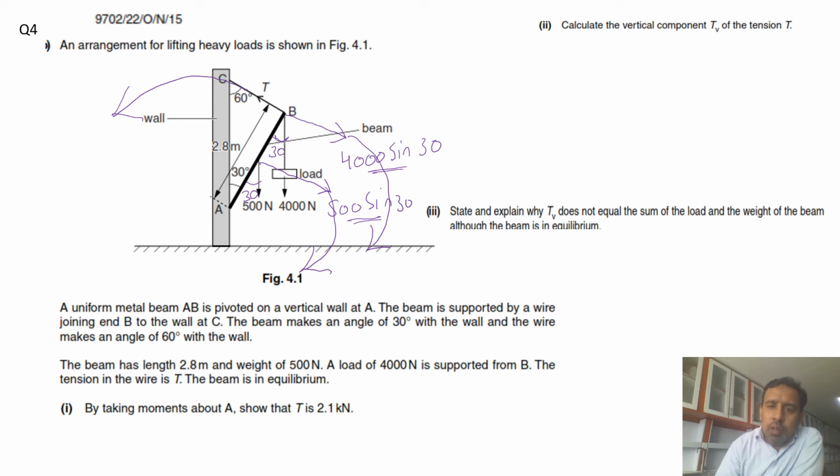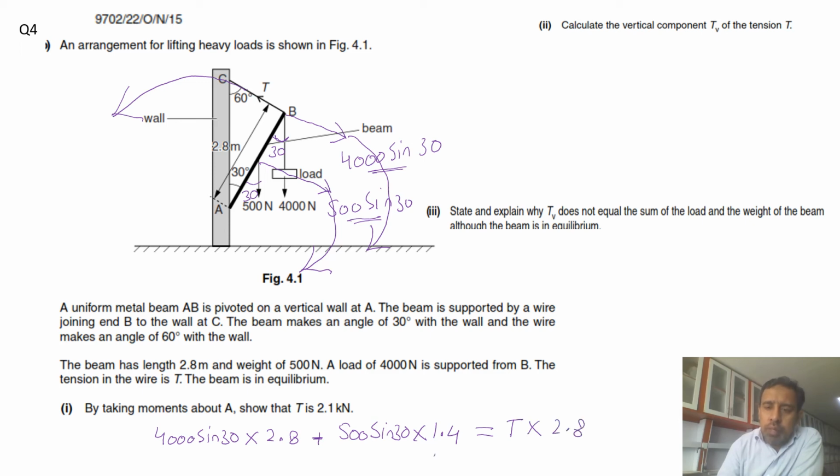For this clockwise movement, we must write it as 4,000 sine 30 multiplied by this distance, that is called the moment arm, 2.8, plus the other clockwise moment, 500 sine 30 multiplied by 1.4, half of the length of the beam, is equal to the anti-clockwise moment, that is T multiplied by the distance 2.8.